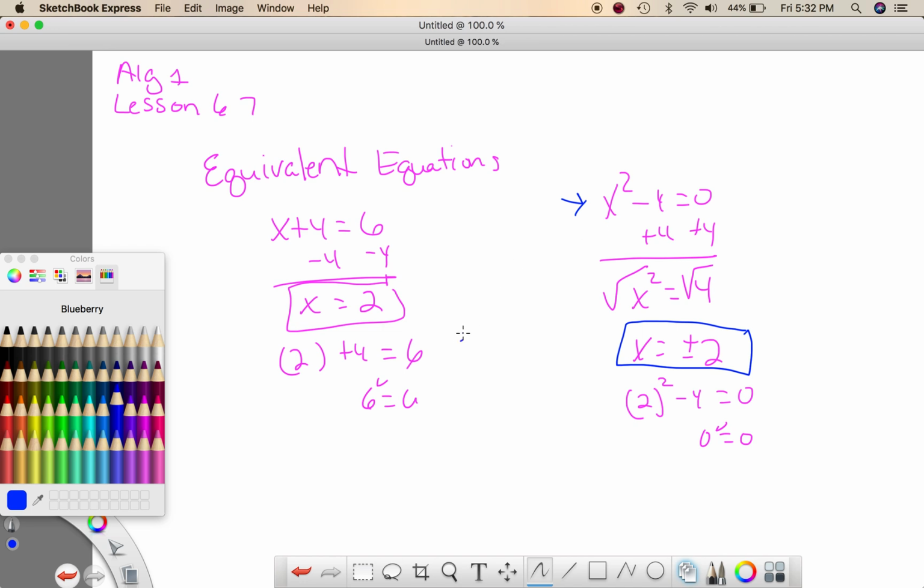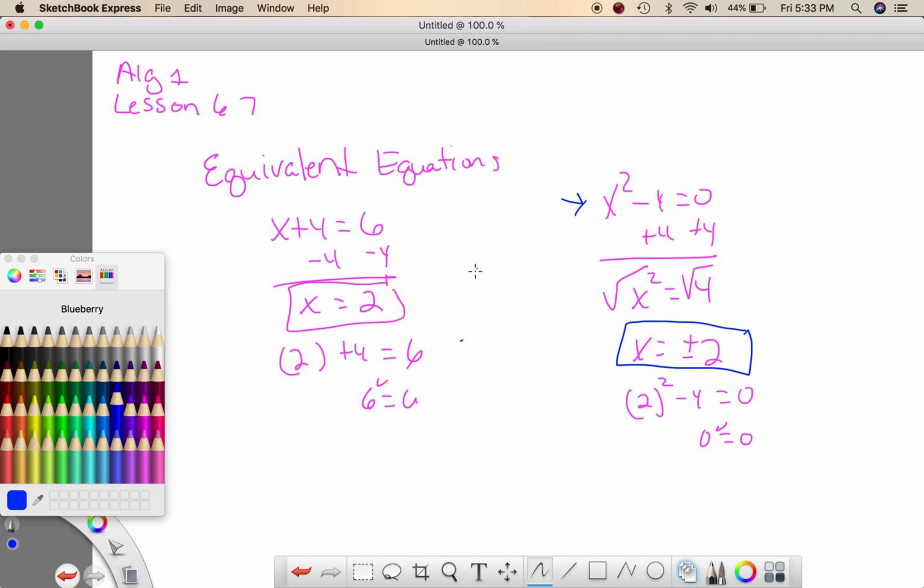But remember that if every term of a particular equation is multiplied by the same non-zero quantity, then the result of the equation is equivalent to the original equation.